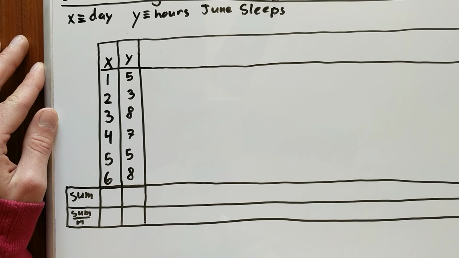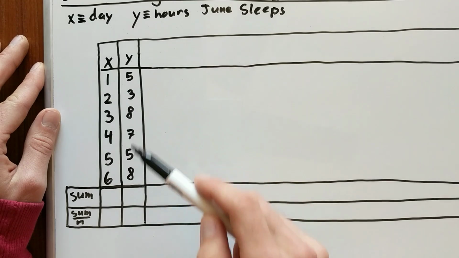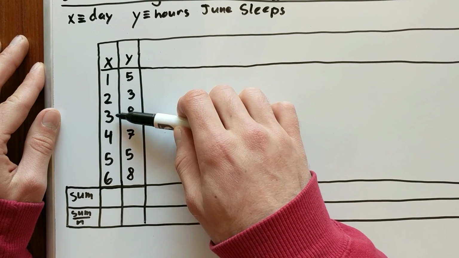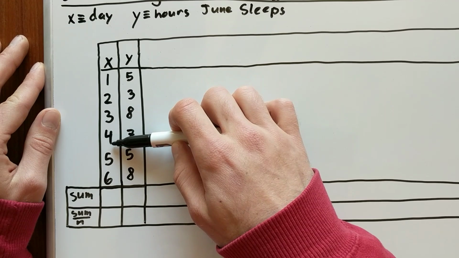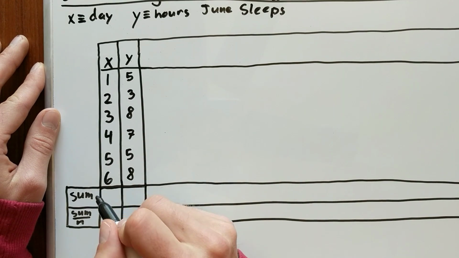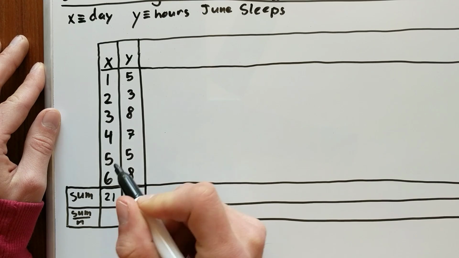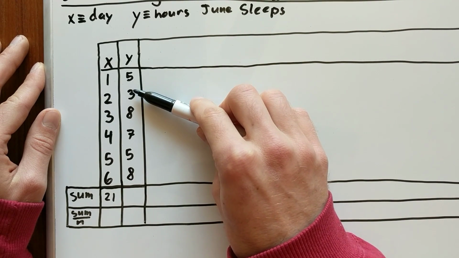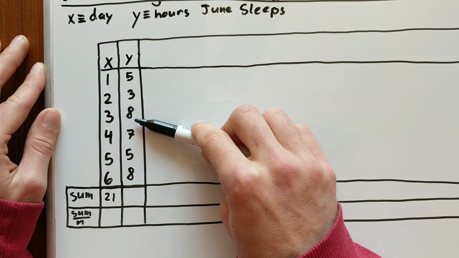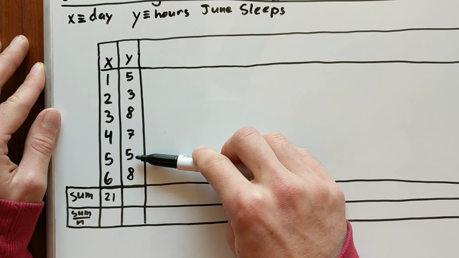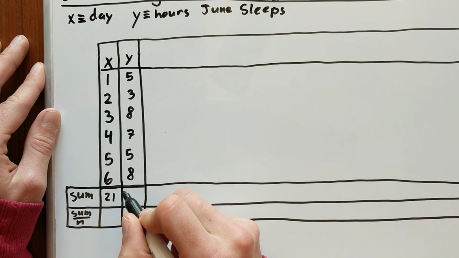The first thing that we're going to do is calculate the sum and then the average of the x and y. So let's do this in our heads. 1 plus 2 is 3, plus 3 is 6, 10, 15, and then 21. For the y column, we have 5 plus 3 is 8, plus 8 is 16, 23, 28, and then 36.